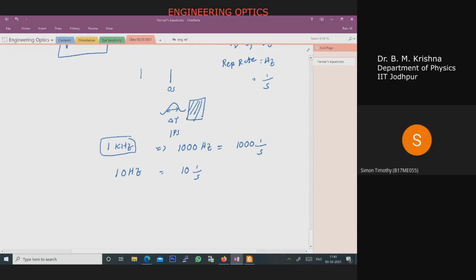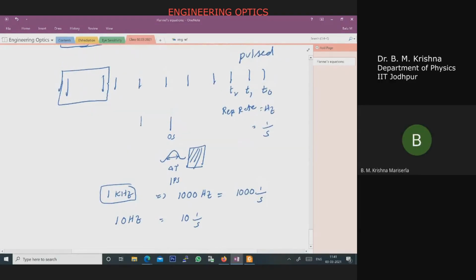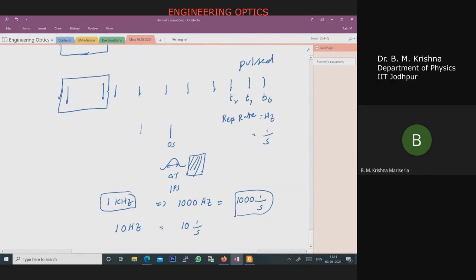Now you can calculate. 1000 pulses are given in 1 second. Now tell me what is the gap from pulse to pulse. The laser delivered one pulse, and when will the next pulse come?